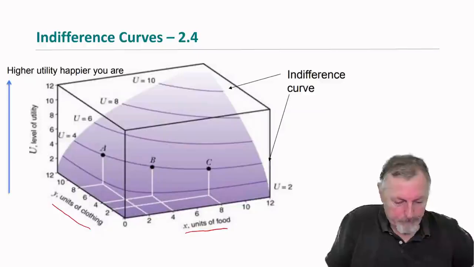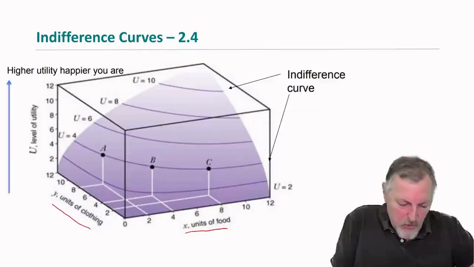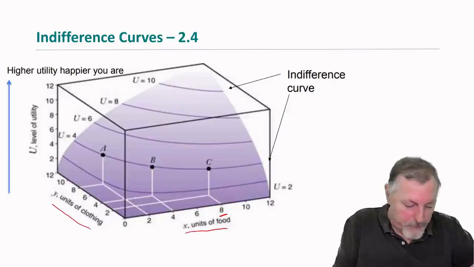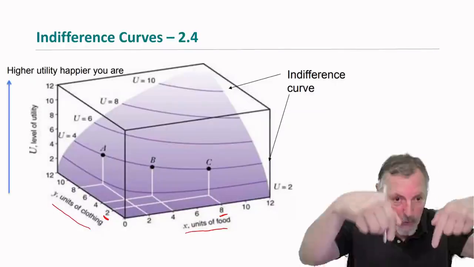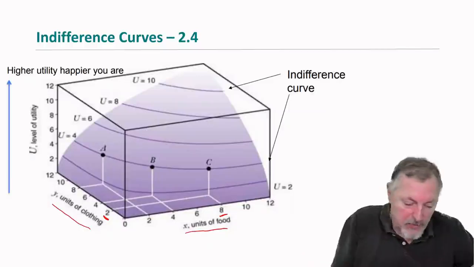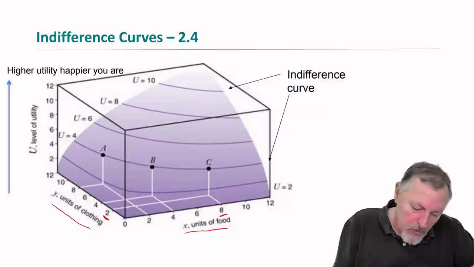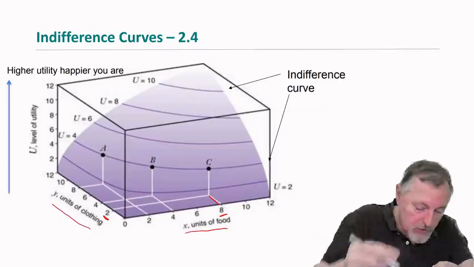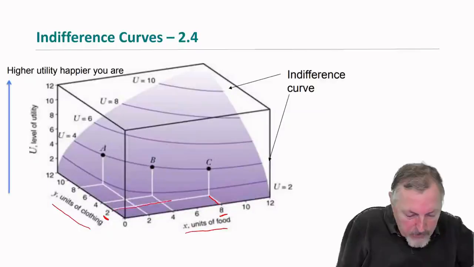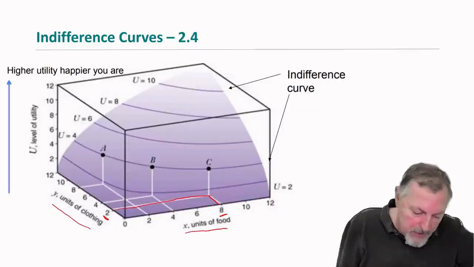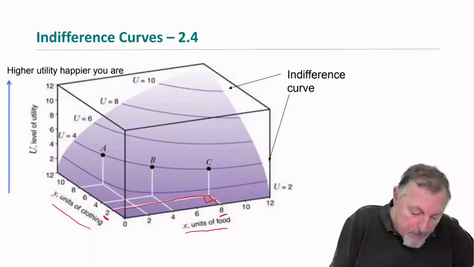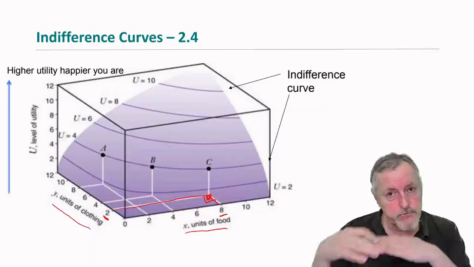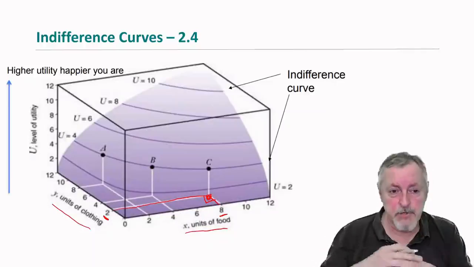For example, let's say you had 8 units of food and 2 units of clothing. Looking down at this 2-dimensional object, you'd go 8 units that way and 2 units towards clothing, and this would actually be a right angle if you're looking down at the floor. That point on the 2D surface represents that particular bundle.